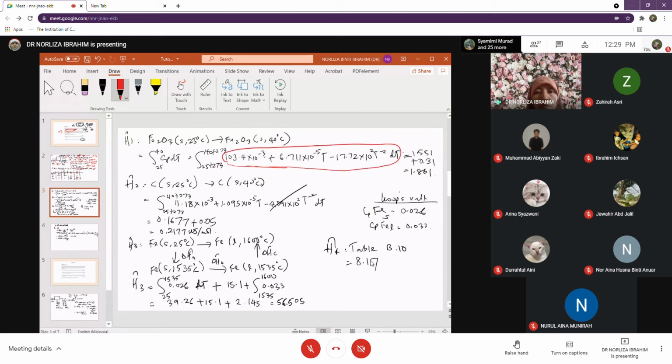This is from table B2, under C. The state C, as I mentioned earlier, is referring to crystal. So crystal can be assumed to be solid. So this is the CP.